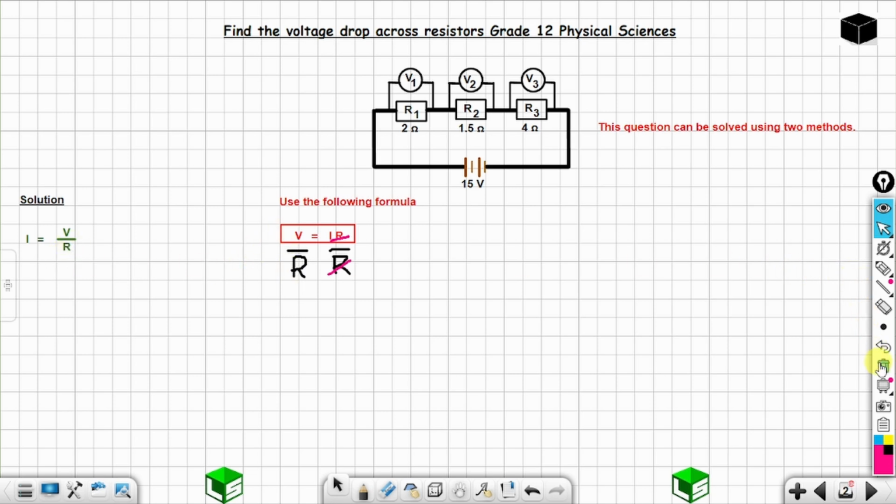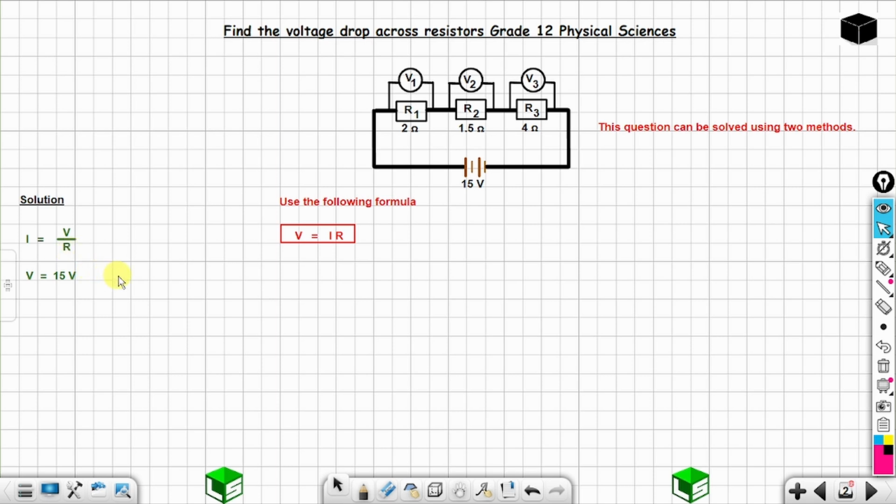So we carry on. To find the current, you need V. You are given V. V is equal to 15 volts, which is the push. It's pushing electrons around the circuit. Now you also need the total resistance.